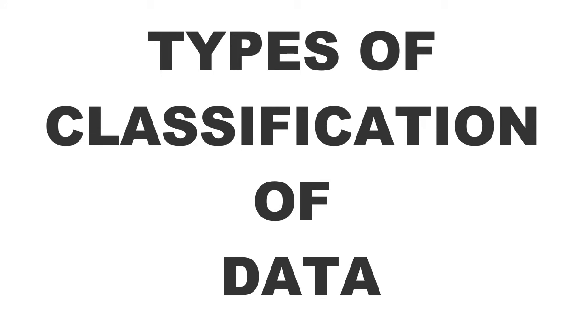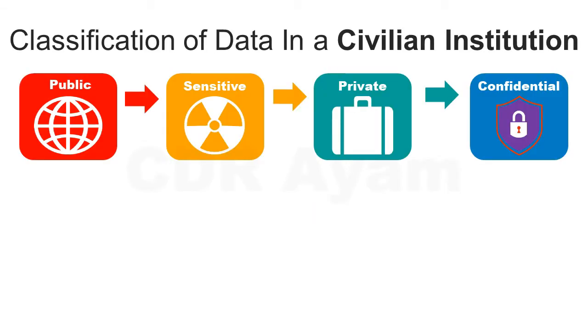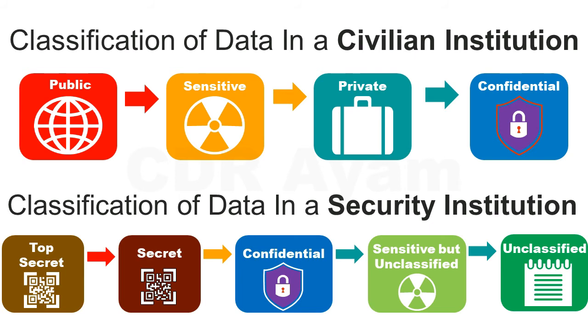The classification of data often varies depending on the institution. For instance, in a civilian institution, data is classified as the following: confidential, private, sensitive, and public. Whilst in a security institution like the military, data is classified as top secret, secret, confidential, sensitive but classified, and unclassified.